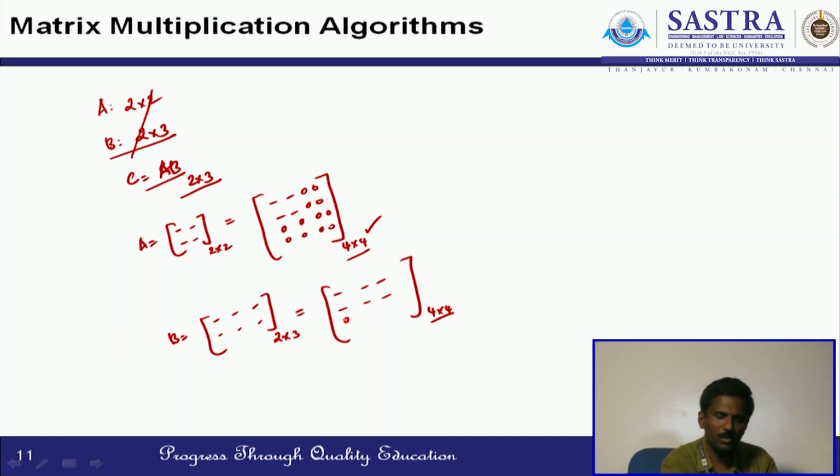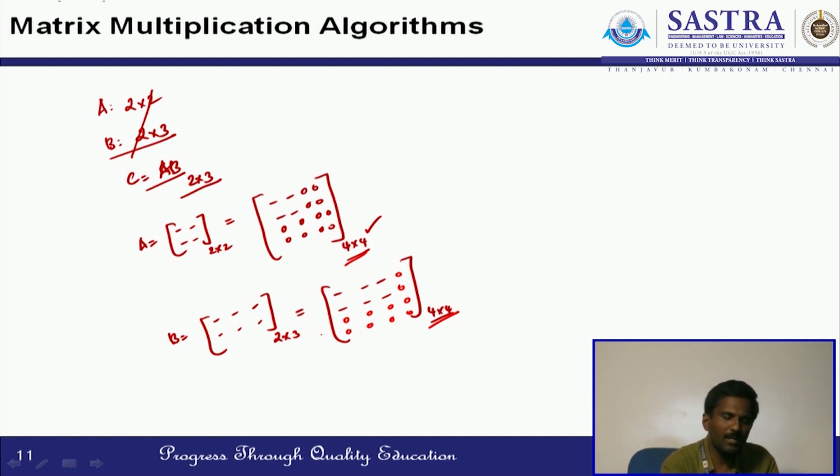For example, here 0, 0, 0, 0, 0, 0, 0, 0. Now we have converted both matrices A and B into the nearest power of order 2 power n into 2 power n, the same order 4 by 4, here also 4 by 4.